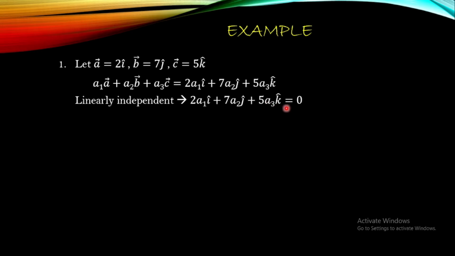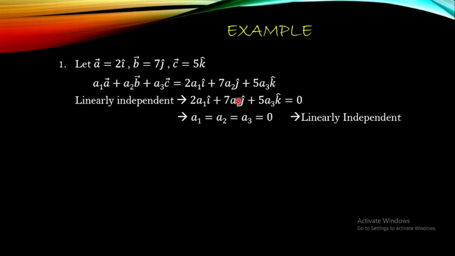So here, if we want to solve it, 2a1 i cap equals 0, 7a2 j cap also equals 0, and 5a3 k cap is also equal to 0. Then only the sum can be equal to 0. So 2a1 i cap equal to 0 means a1 equals 0.